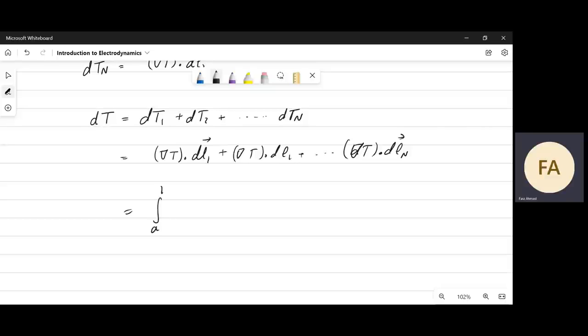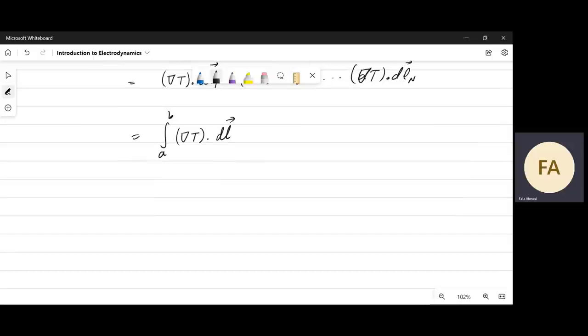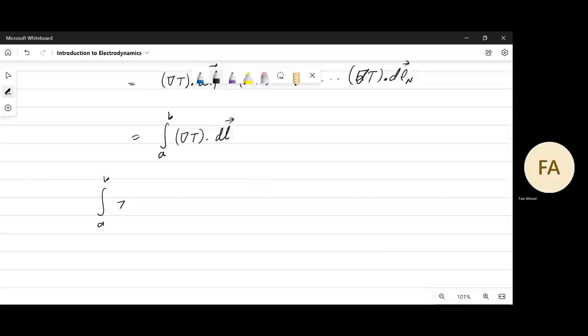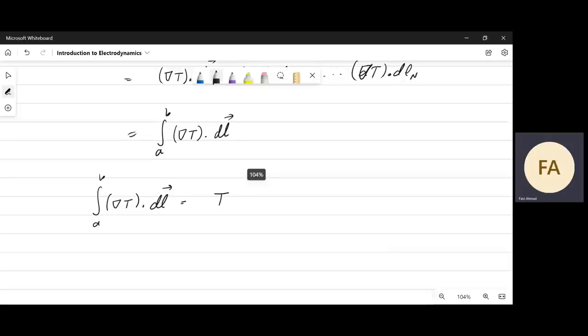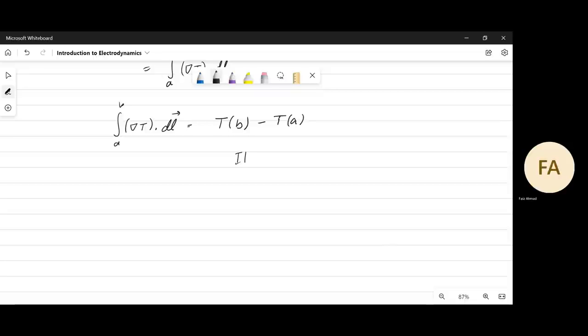So the line integral from A to B of gradient T dot dl is the total change in the function T. With the fundamental theorem of calculus, another way to find the total change in the function T is to just use the endpoints, T of B minus T of A. This is in fact the fundamental theorem for gradients.